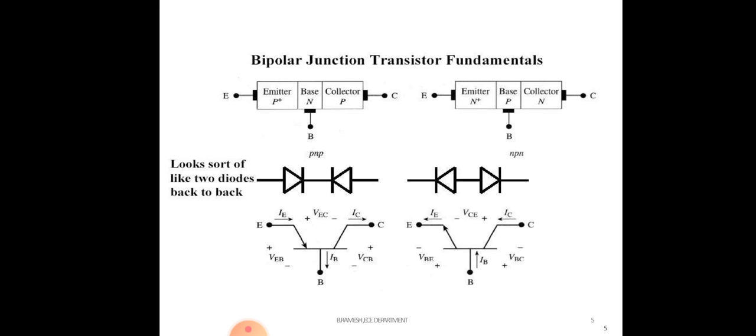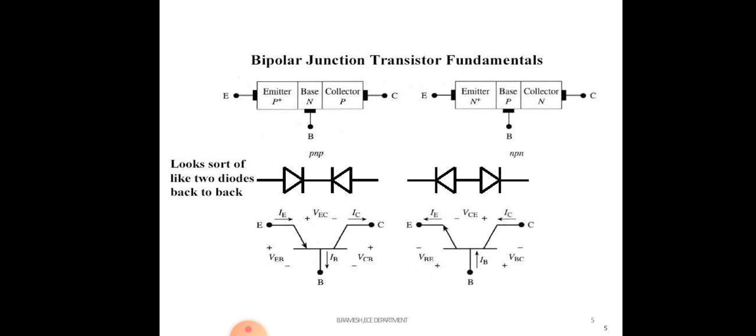Okay, so this is the emitter base collector terminal, and it looks sort of like two diodes back to back. So we can say the transistor is like two diodes connected back to back, but we cannot replace the transistor by using diodes because the regions are different. The emitter region is heavily doped, and the base region is lightly doped.